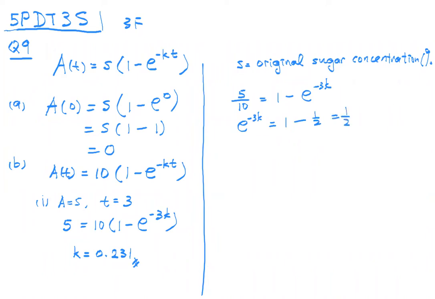I told you already, to avoid any error in the negative part, usually I will write this in this form, so it's easier for me to solve. So e to the power 3k is equal to 2. Therefore k equals ln 2 over 3. So this is the exact value of k.